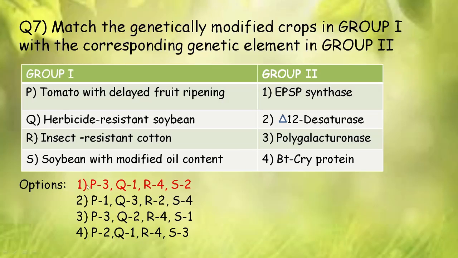Here it is in option 1, and the herbicide resistant soybean is the EPSP synthase gene, and insect resistant cotton is the modified gene, that is Bt cry protein. So it is option 4, and the soybean with the modified oil content is 2, that is delta 12 desaturase. So here the correct option is option number 1, P3, Q1, R4 and S2.